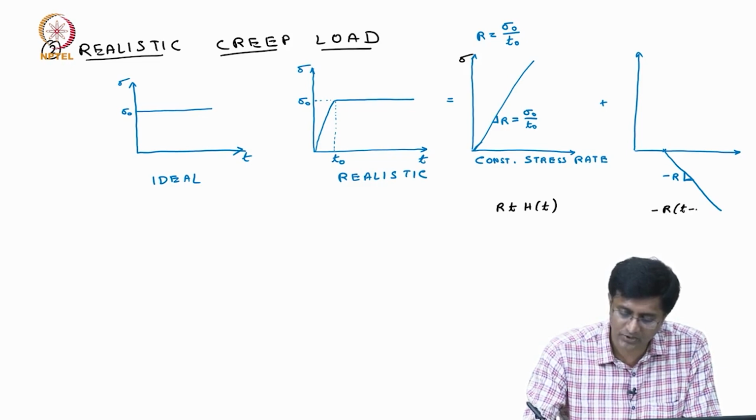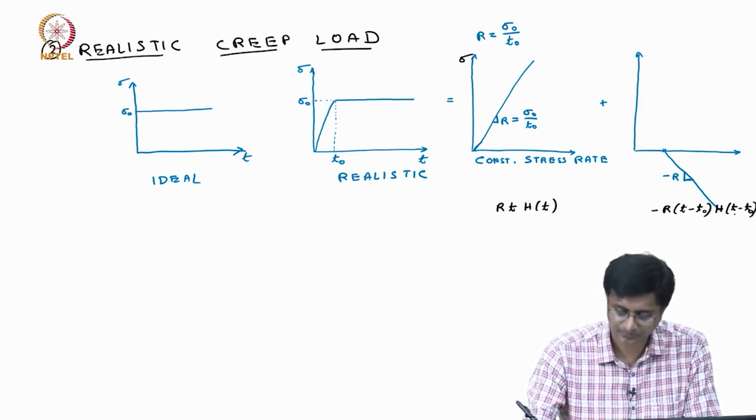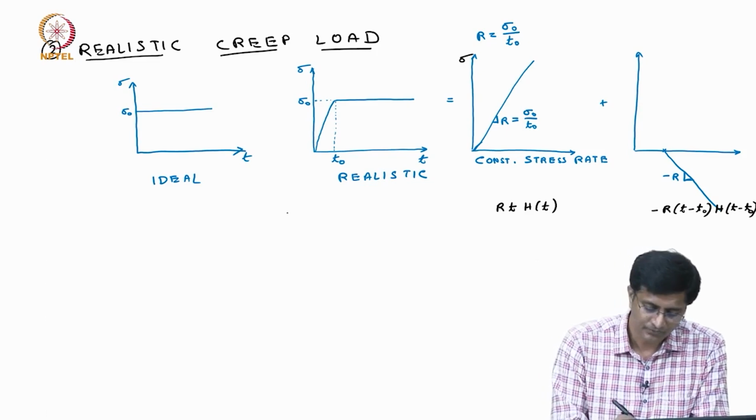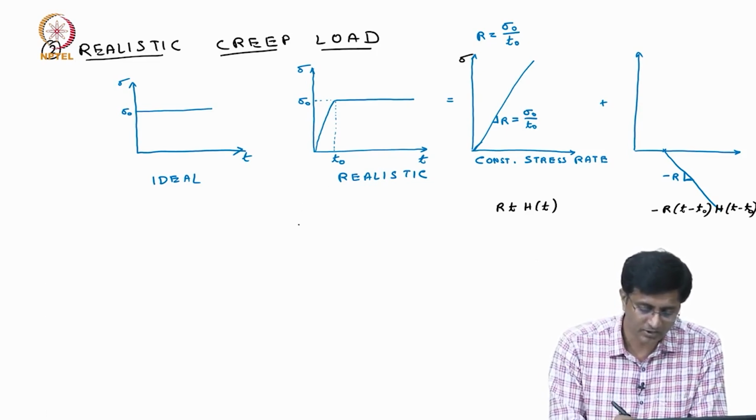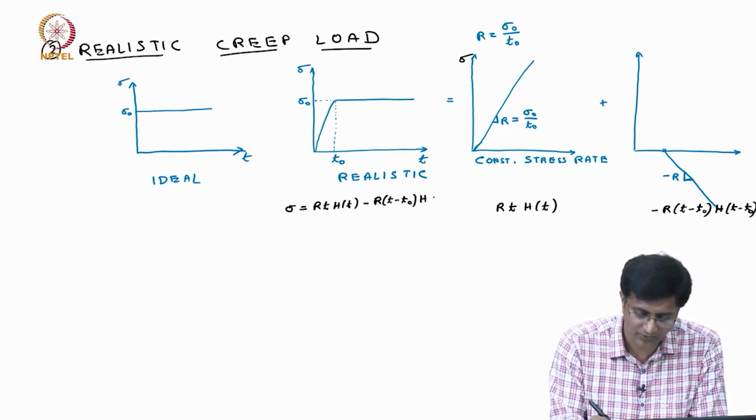So, we replace t with t minus t naught, and the Heaviside function should be written as H of t minus t naught. So, effectively the realistic creep load can be written as sigma equals R t times H of t minus R times t minus t naught times H of t minus t naught.